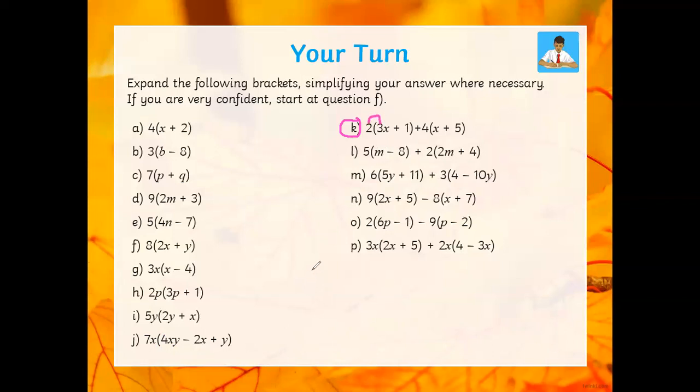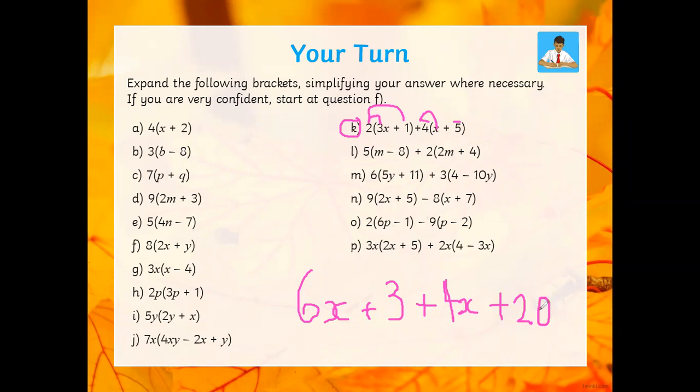2 times 3x, we're going to have 6x. Then 2 times 1, it's going to be 3. And then go on to the next one. Plus 4 times x, which is 4x. And then 4 times 5, which is 20.